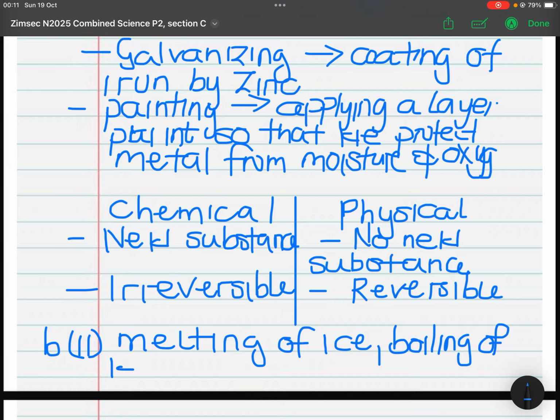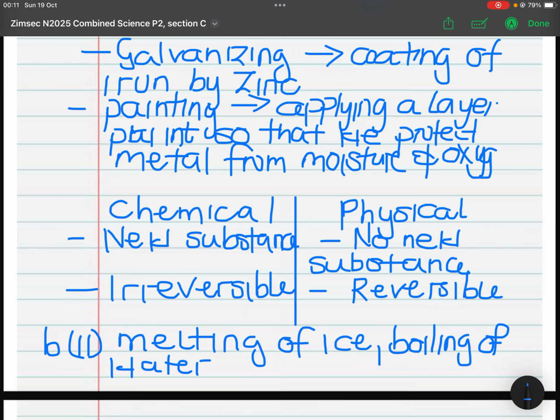And lastly, we can also talk about dissolving sugar in water. And for examples of chemical changes, we can talk about rusting, burning of wood, and also baking a cake. These are examples of a chemical change.